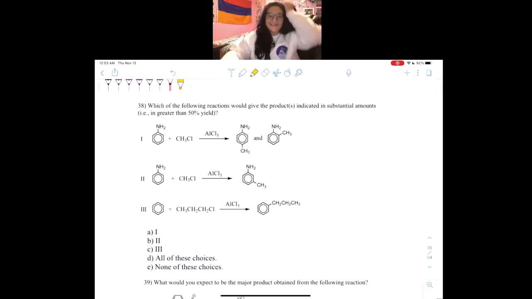So this is my favorite question from this chapter because it's actually very simple, but students will get it wrong all the time, and hopefully once you watch this, you will not get it wrong. So the question is asking you, which of the following reactions would give the products indicated in a substantial amount, which is greater than 50%.